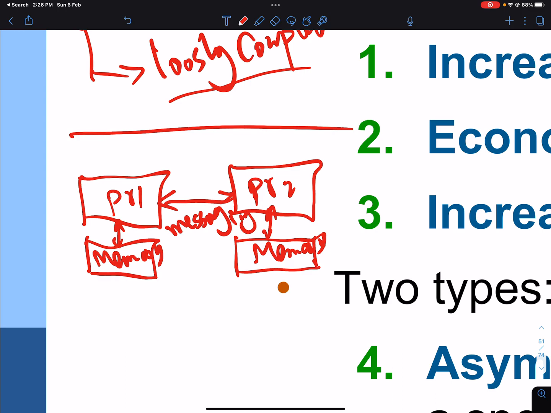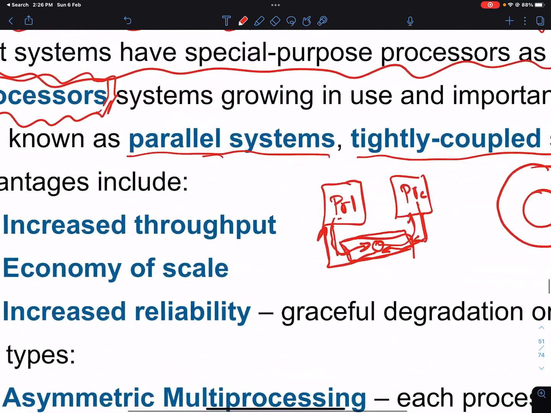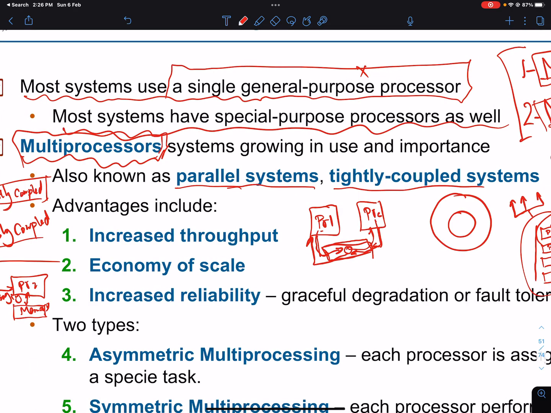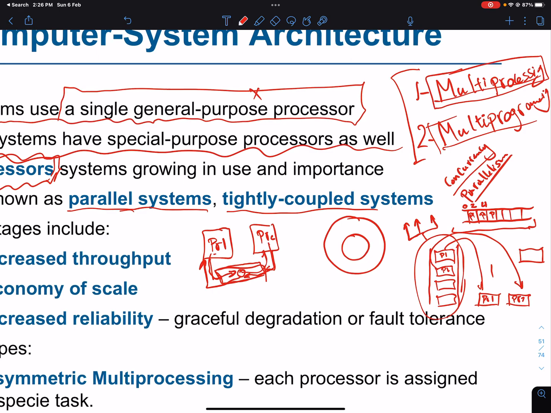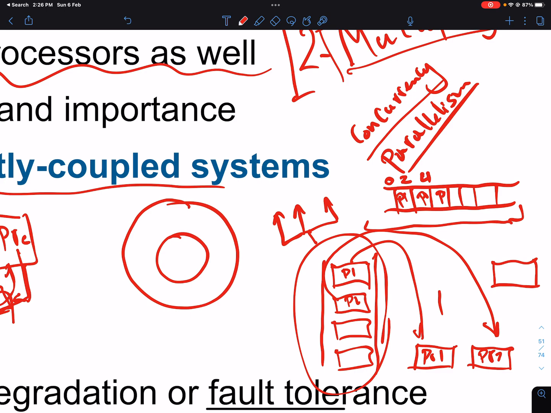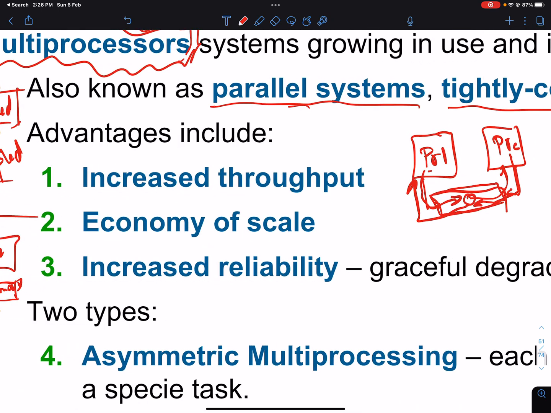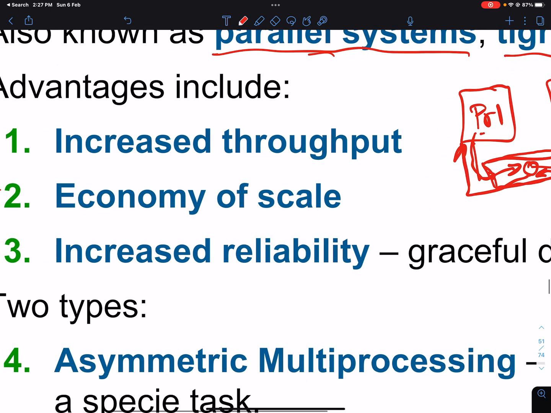They message, as you will see later in chapter 3. So I hope this is understood: what are multiprocessors, what is multiprocessing, and what is the difference between multiprocessing and multiprogramming. They're not really related. The concurrency and parallelism, I made it clear the way I see it. It's up to you whether you follow what I said or go after the definition of the book. It's really up to you.